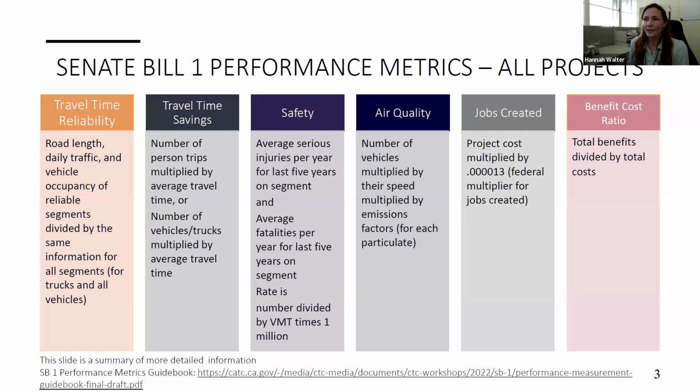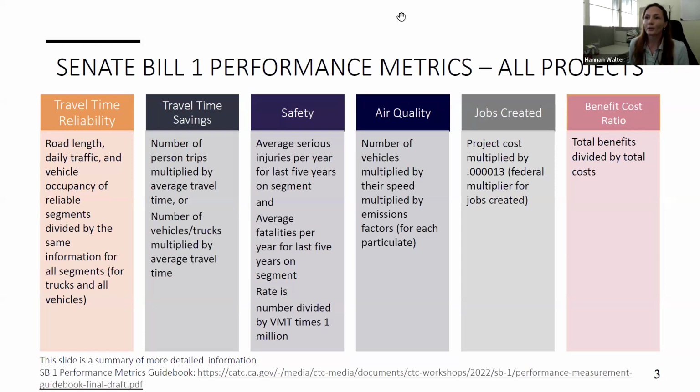Then for travel time savings, you're looking at the travel time experienced by individuals in cars. Those are person trips. And then you're looking at travel time experienced by just a car. So in the first one, you're counting the people in the car. And in the second one, you're just counting the car or the truck.